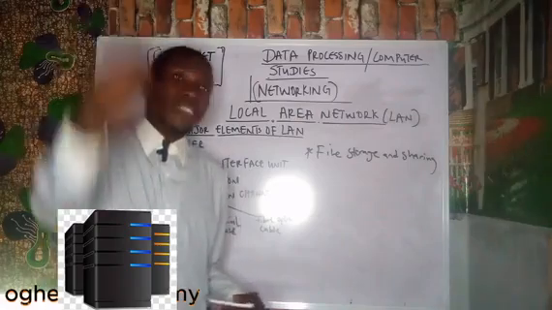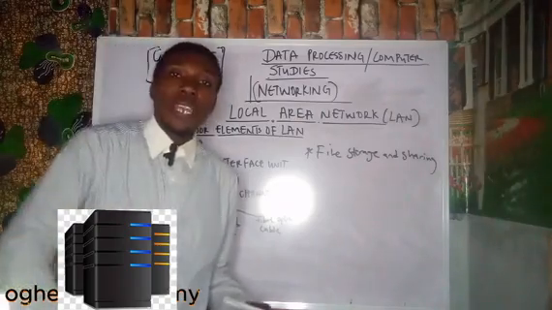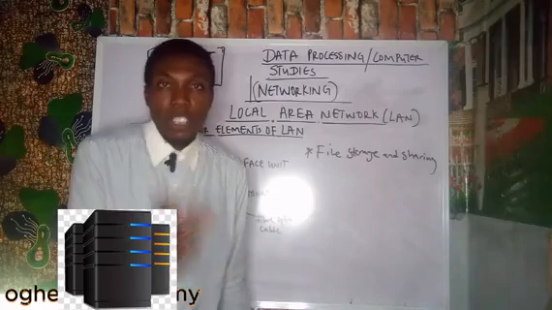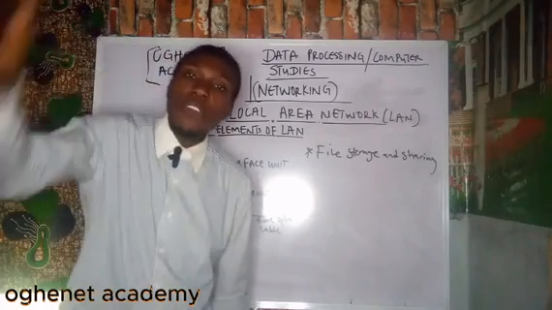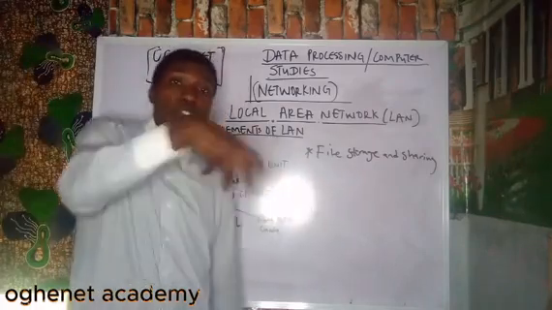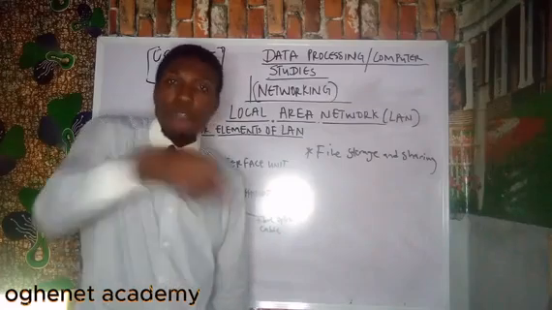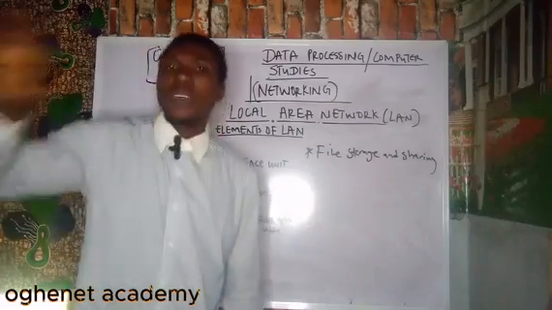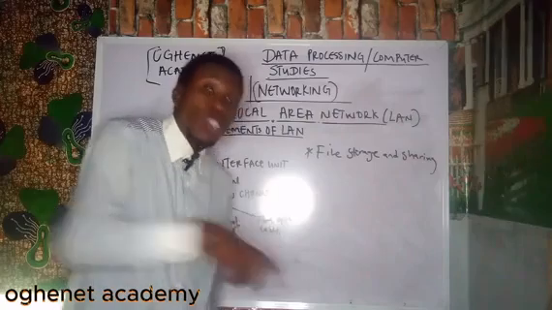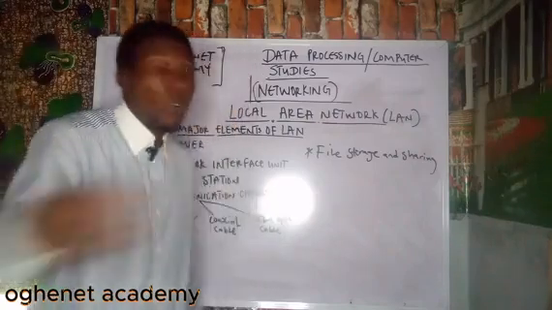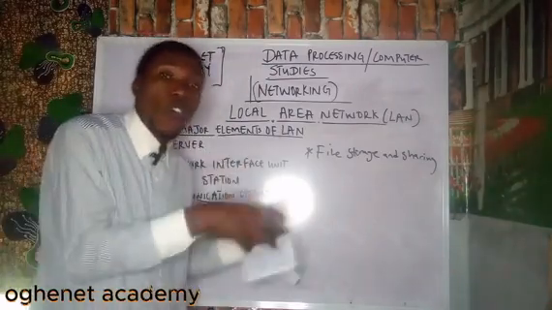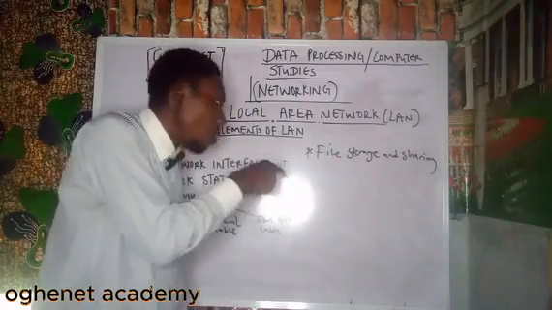We have different files stored in it, and different other systems can see these files that have been stored in the server, from multiple computing devices that are connected to the network. So any computer that is connected to the network can see the files that have been stored in the server.